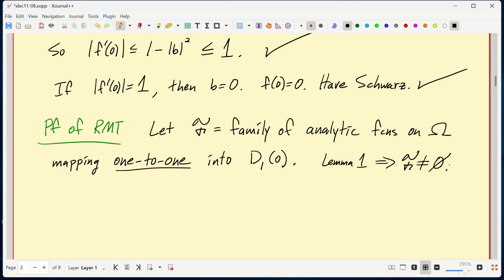That's important to know. Now you can pick any old point in omega. So let's pick one. A is going to get mapped to the origin in the Riemann mapping theorem.